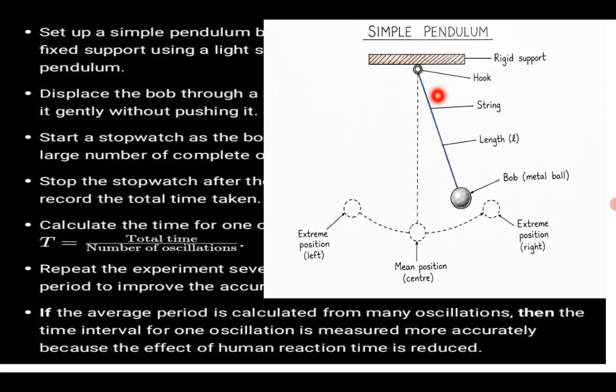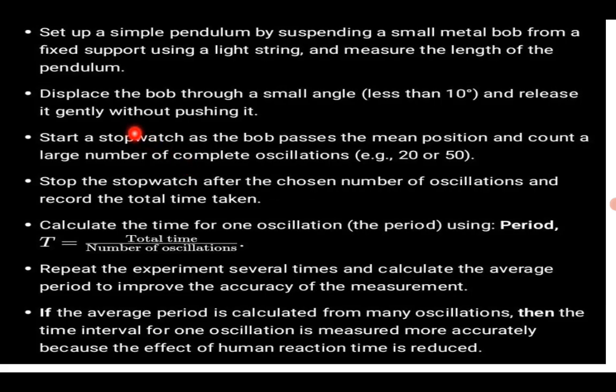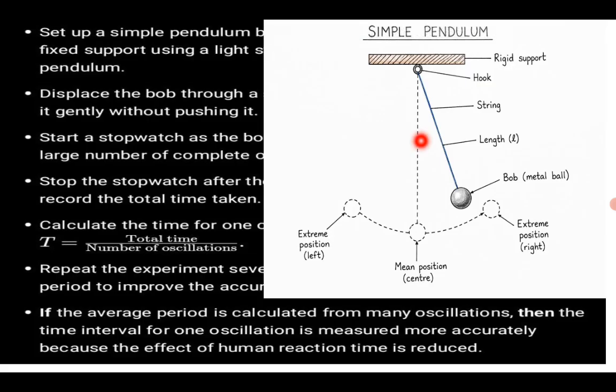Using a ruler, you measure the length of the string. This is the length in question. Displace the bulb, which is the mass, through a small angle. You can estimate the angle should be less than 10 degrees. This angle we are talking about is with respect to the resting position, this one. So this angle should be small enough, not too big.